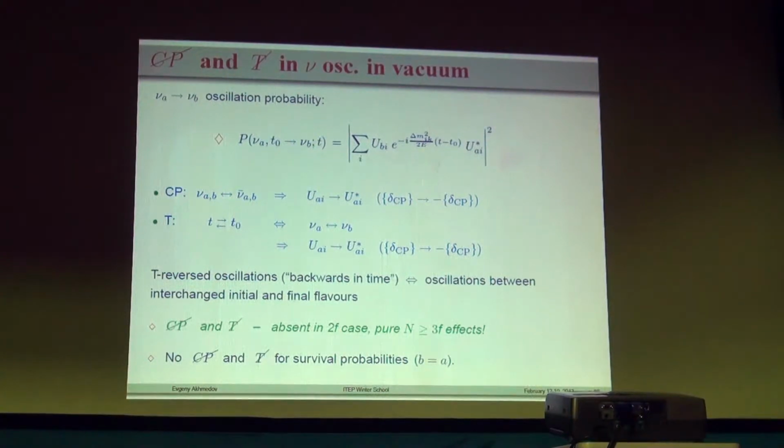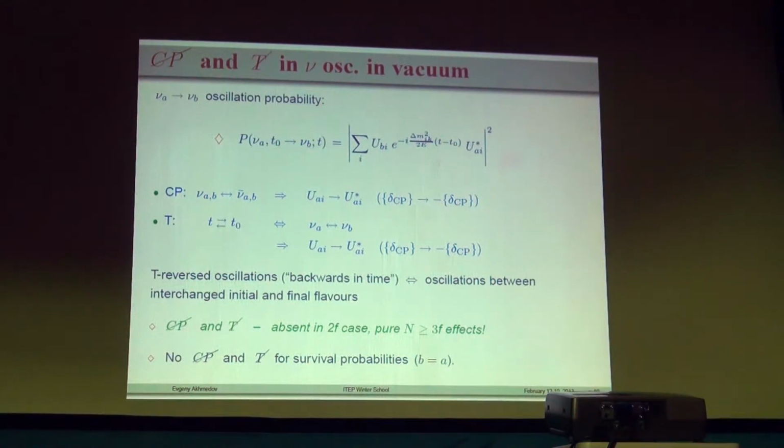And you see that formally the result is exactly equivalent to the situation which we had in the case of CP conjugation. And this is not by chance. It turns out that CP conjugation for neutrino oscillations is equivalent to time reversal. And this is just because our theory is CPT invariant.